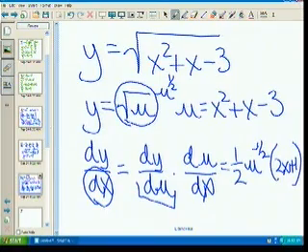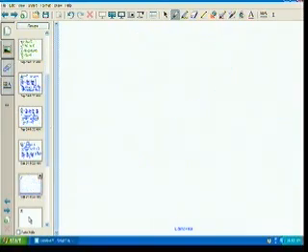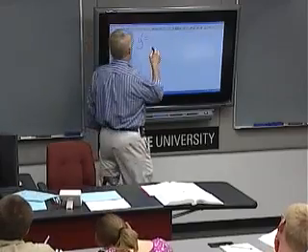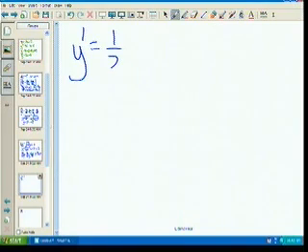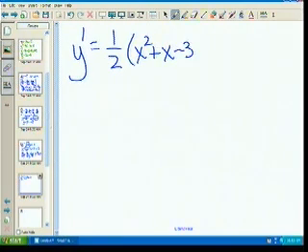So instead of 1/2 u to the negative 1/2, I'll put y prime, which is the same thing as dy over dx: 1/2 times x squared plus x minus 3 to the negative half, and then that should be times what was the du over dx, 2x plus 1.